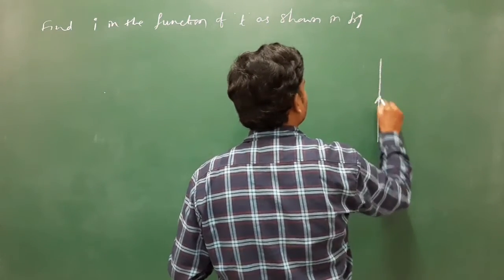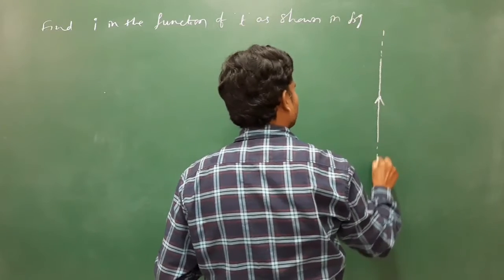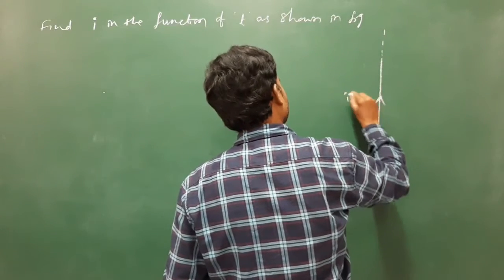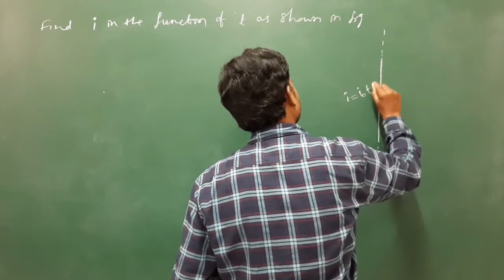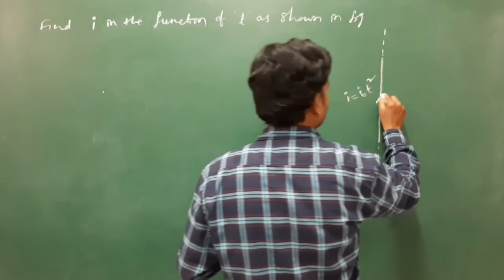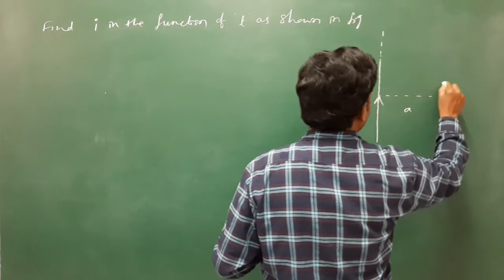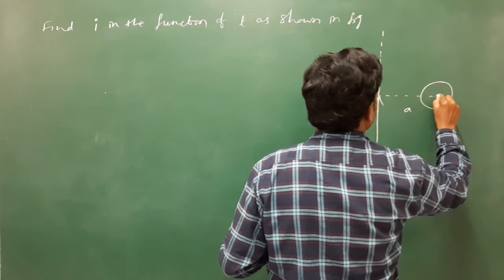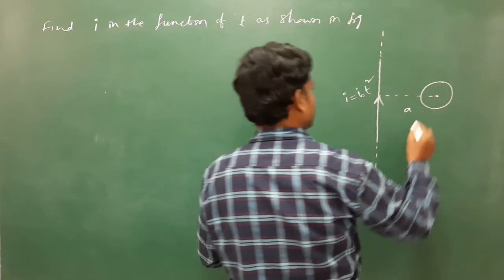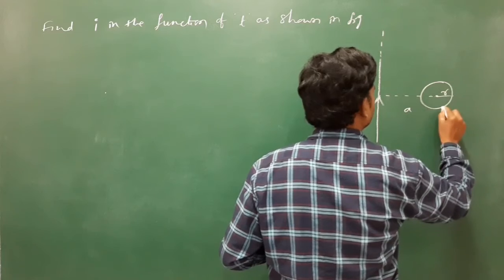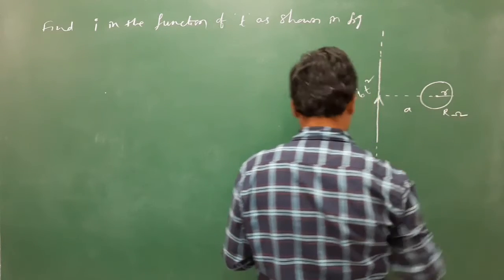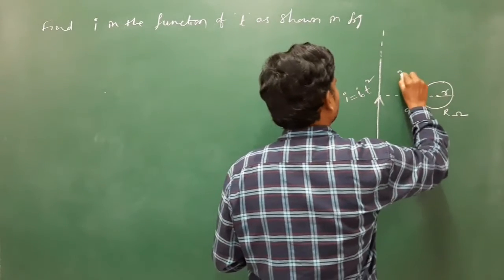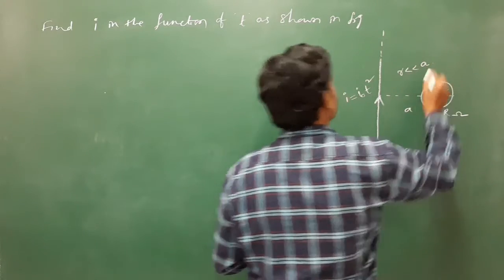They have given a long straight wire, an infinite straight wire, which carries current that varies with I naught t square, and at a distance a some coil is placed whose radius is r, resistance is R ohm, and this r is less than a.